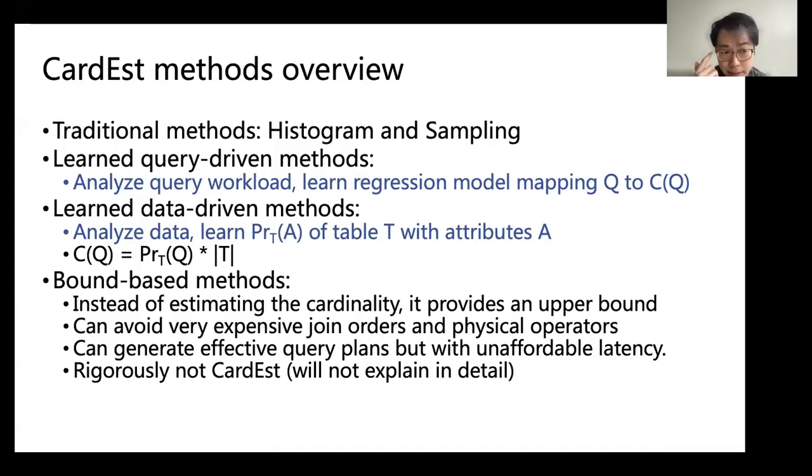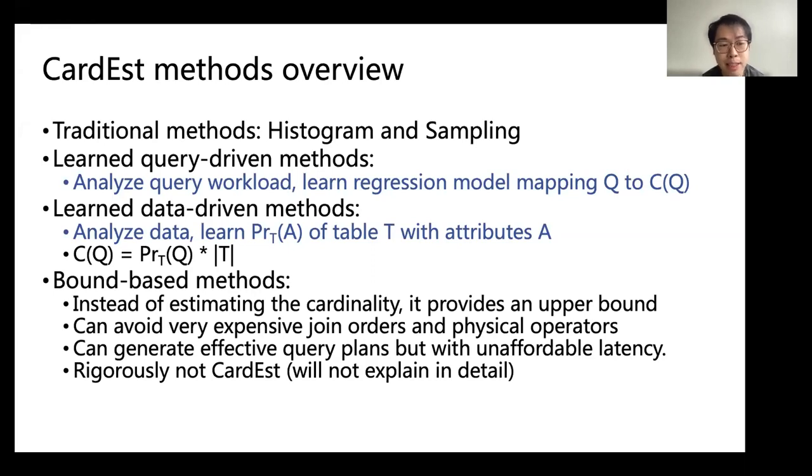There also exists a cardinality estimation method called the bound-based method. Instead of estimating the cardinality, it provides an upper bound on the cardinality. This can avoid really expensive join orders because it basically assumes the worst case of a cardinality. It can also avoid very expensive physical operators.